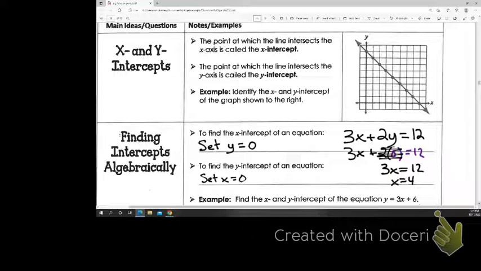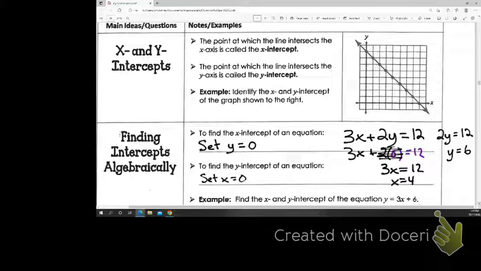And then if I wanted to know the y-intercept, then I would let the x be 0. Well, if the x is 0, 3 times 0 is 0, so the 3x is gone, and I just have 2y equals 12. And I can do that division in my head and get 6.